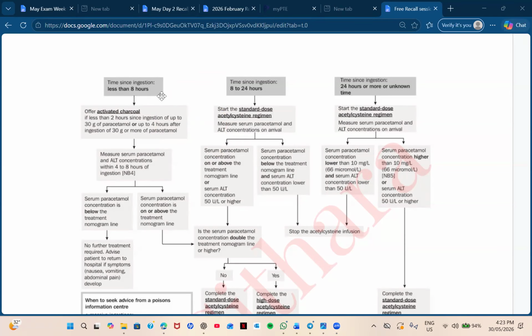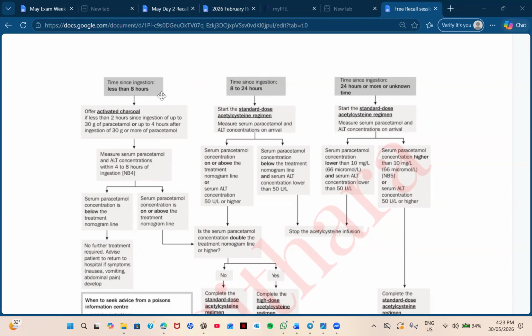So if the serum paracetamol concentration is below the treatment line, you don't need to give treatment. No further treatment required. You can advise the patient to return to the hospital if symptoms like nausea, vomiting or abdominal pain develop.